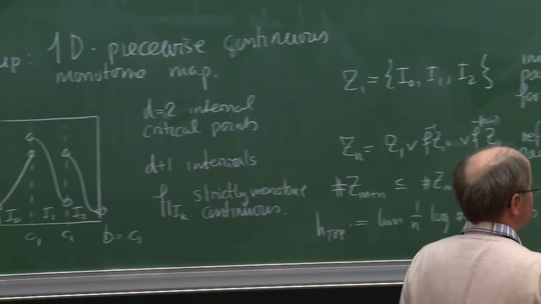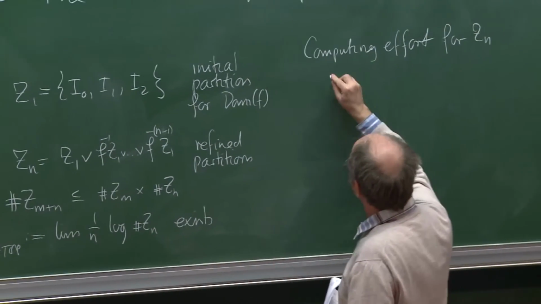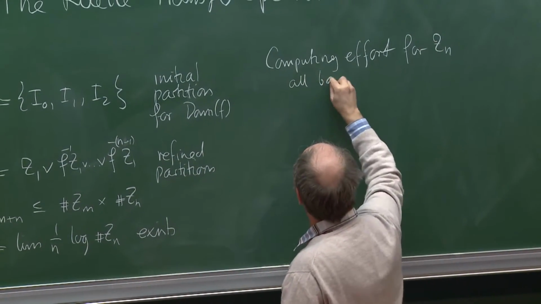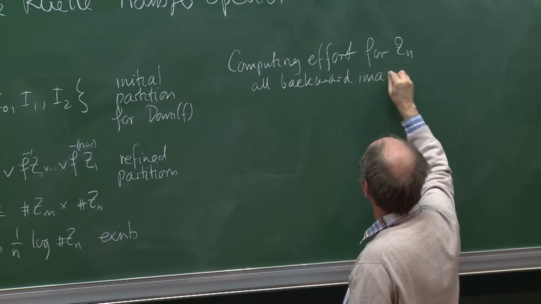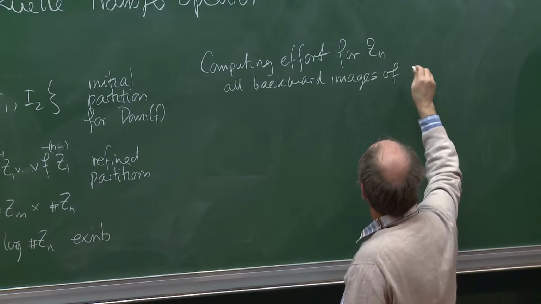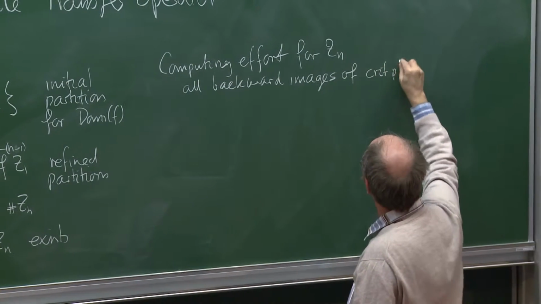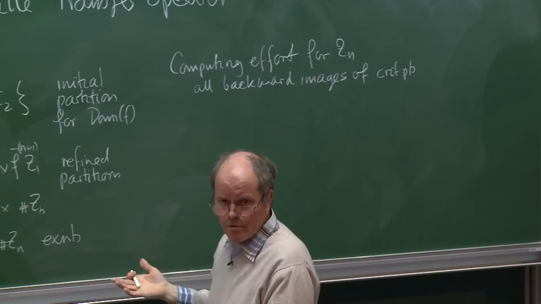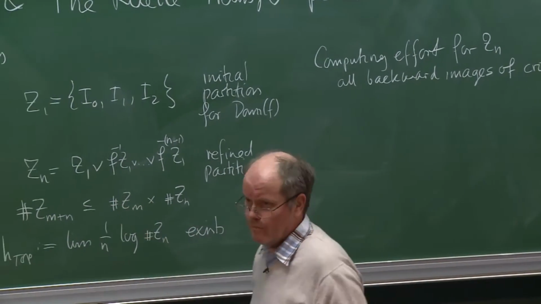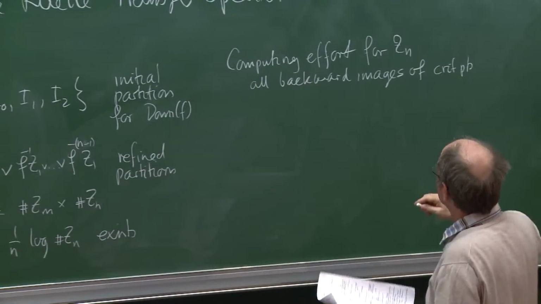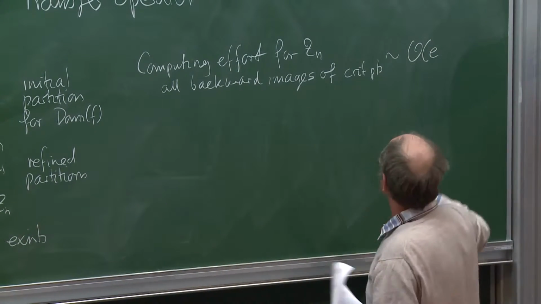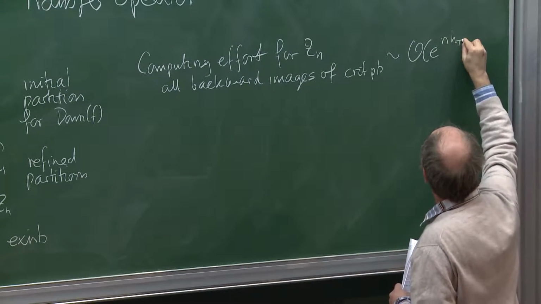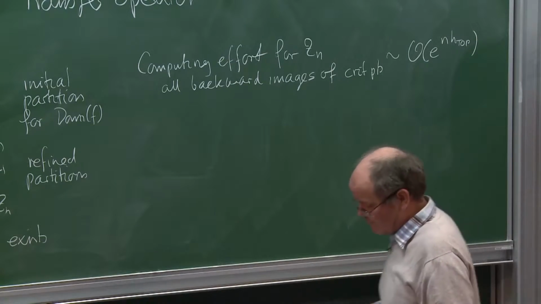So this needs to take care of all backward images of critical points. And they tend to grow in number like Zn. So actually the computing effort is of the order of exponential of n, like exponential of n h_top.